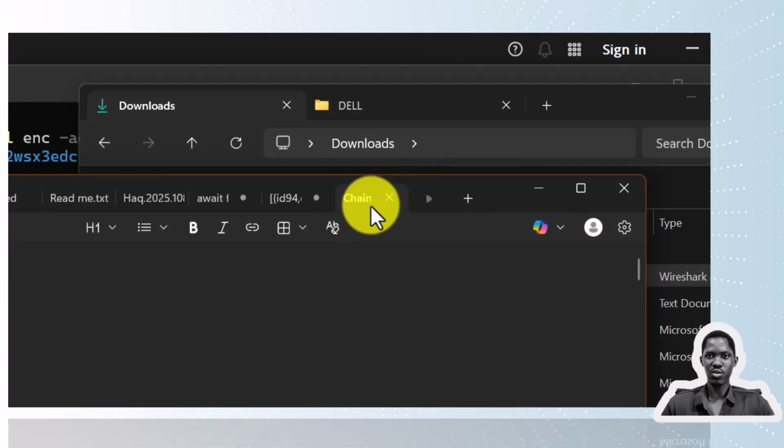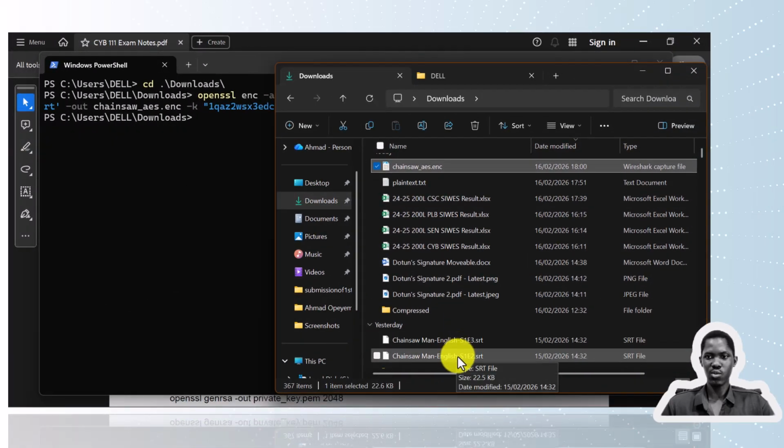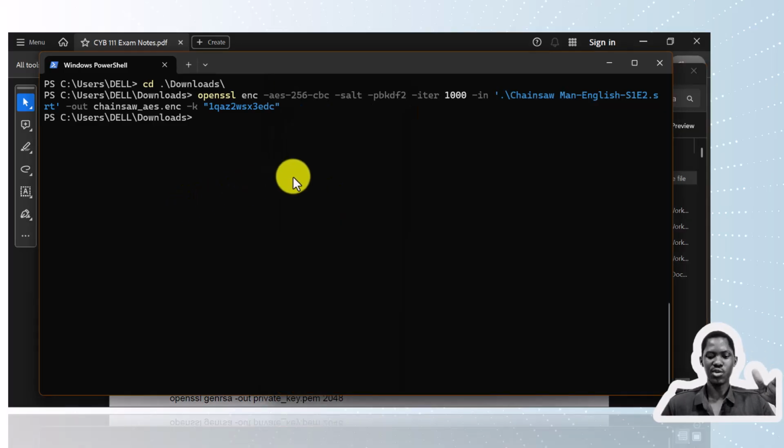So let me close it. Let me close them back again, right? So we have this, and we have this. It has been encrypted. Now, to the decryption. For the decryption, we also have OpenSSL, enc, the same encryption algorithm, AES, CBC.